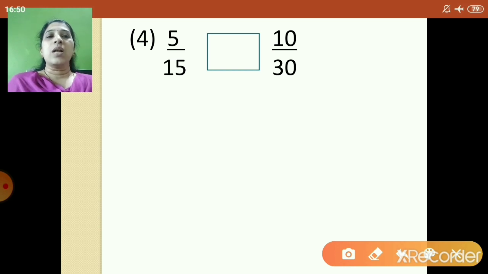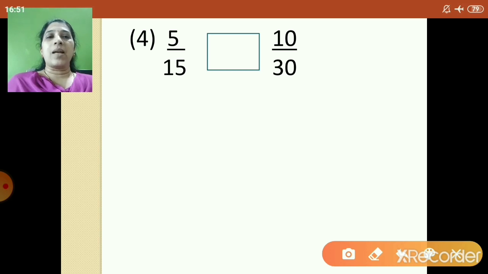First you have to convert this into a like fraction, right? So what will you do? Now you can see the denominators 15 and 30. 30 is divisible by 15, right? 15 how much are 30? 15 2s are 30.